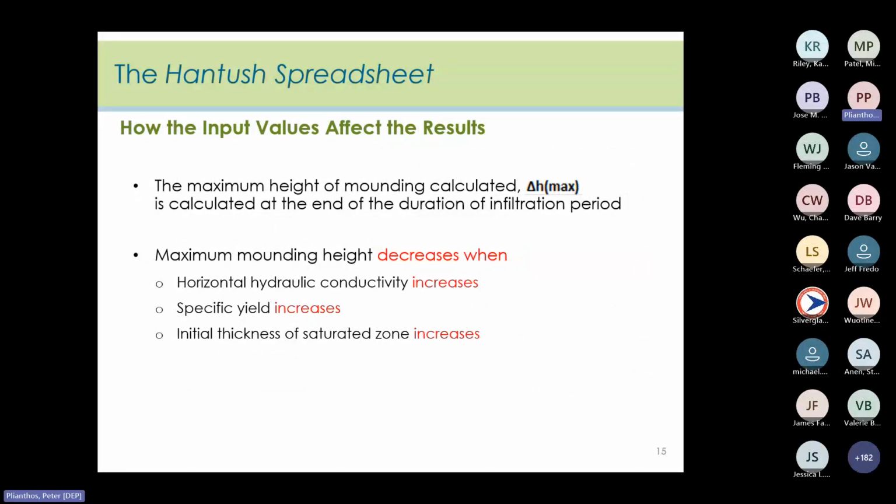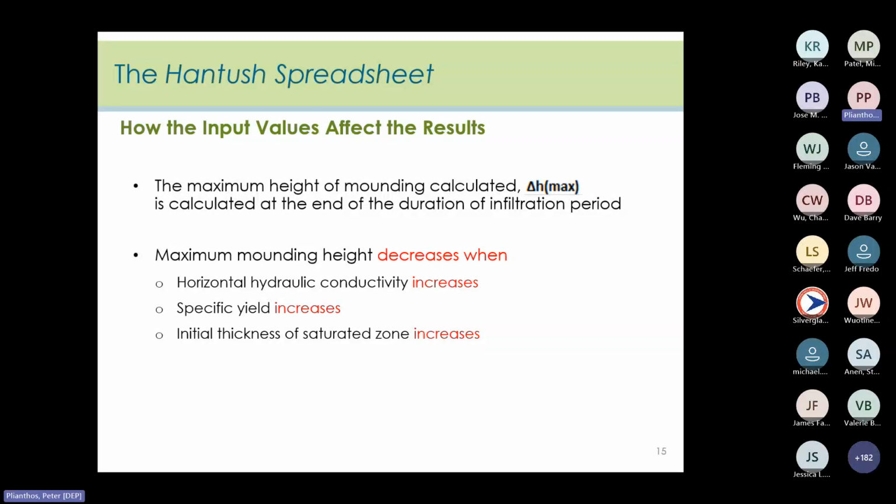Continuing on, there are some important relationships between maximum mounding height and the input parameters to note. Delta H max is the maximum height of the mounding, and the value calculated by the hand-touch spreadsheet is that which occurs at the end of the duration of the infiltration period. This is explained on page 17 of Chapter 13.